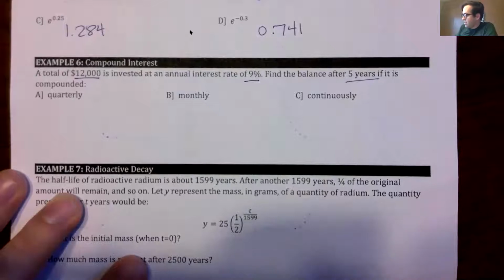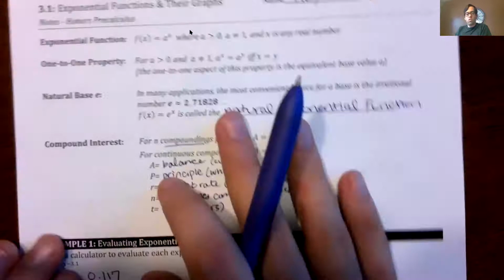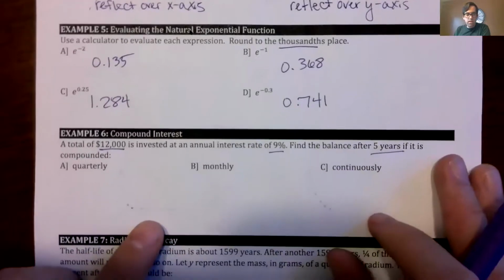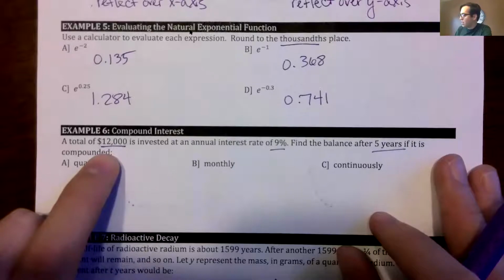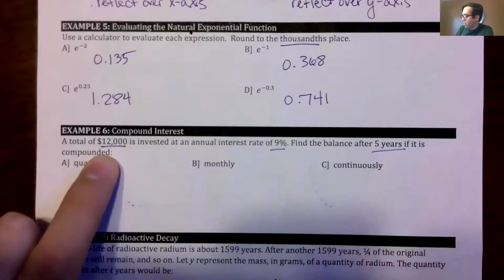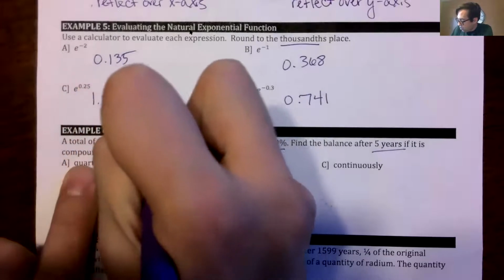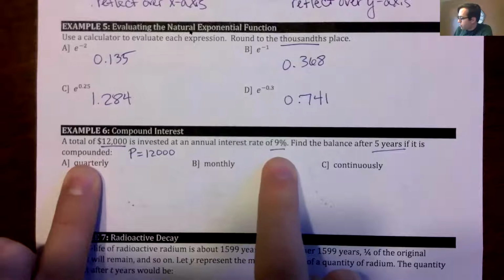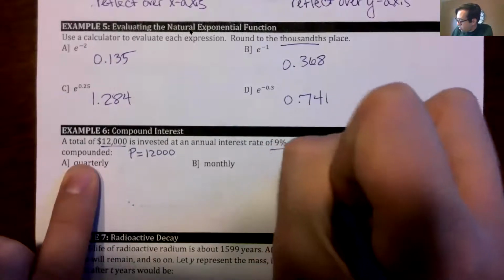If we take a look at the beginning of our notes, we're going to be trying to match those numbers up with these variables. The $12,000 is the initial amount that's invested, so that's the principal. So P is going to be 12,000. We have an annual interest rate of 9%, so that's R. So R is going to be 0.09.